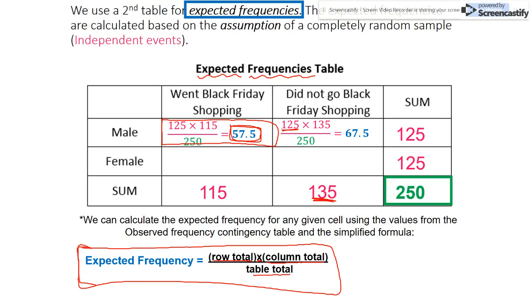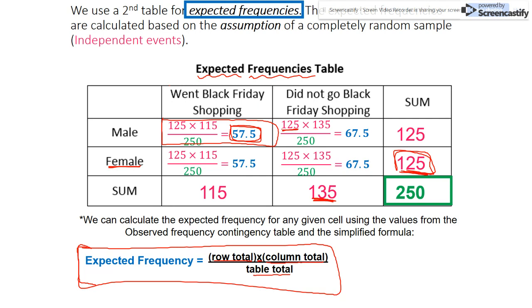Those same calculations are made for the next two cells, except I'm now using the females row total, which in this case is still 125. So those two calculations look like this. And they look fairly similar to the previous two. That's just how this example is working out so far.